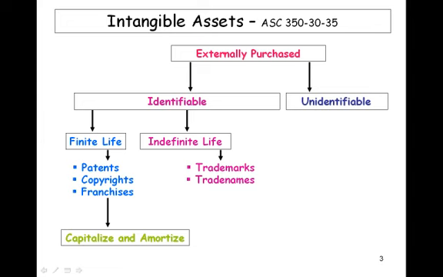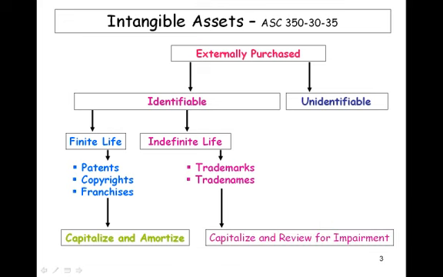Finite life intangibles were identified earlier. They are capitalized and then amortized over their useful life or legal life, whichever is shorter. Indefinite life intangibles are capitalized but not amortized because the life of the intangible is unknown. Instead, these assets remain an asset and are tested for impairment. Impairment will be discussed in the next chapter.